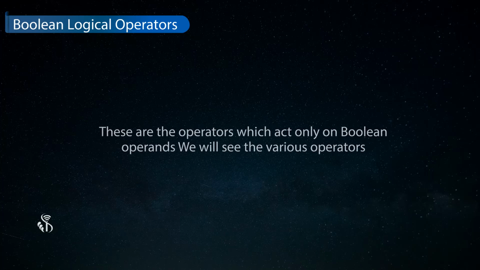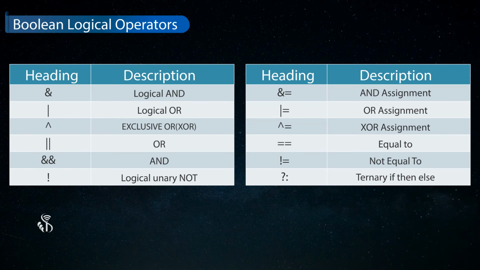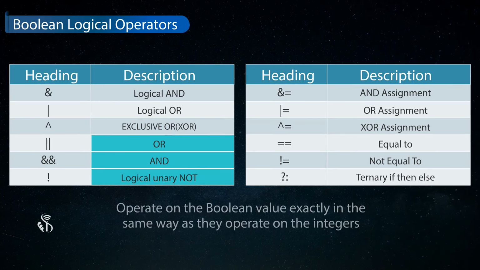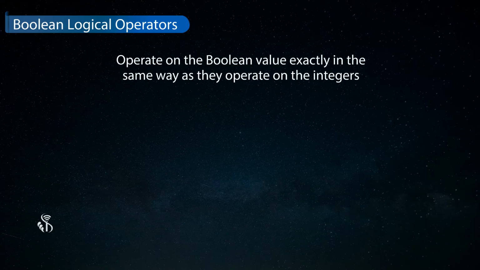Boolean logical operators. These are the operators which act only on Boolean operands. We will see the various operators and the results on the screen. The AND or NOT operators operate on the Boolean value exactly in the same way as they operate on the integers.